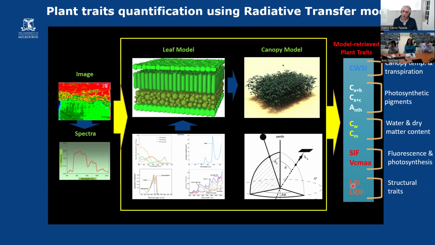So we are no longer talking about indices, which are non-dimensional, with no units, with no connection with physics, that we don't really understand how they change necessarily, but traits that we can now calculate or estimate in physical units: chlorophyll concentration, anthocyanin, carotenoids, dry matter content, water content, in terms of micrograms per square centimeter.